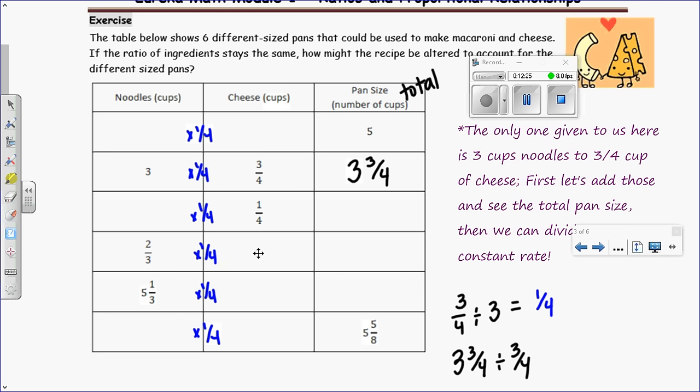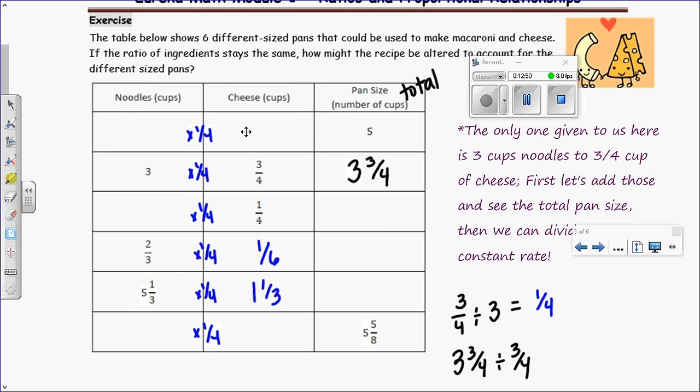Go ahead and do 2/3 times 1/4, 5 1/3 times 1/4, and fill in what you got here. Okay, that was a pause time, so hopefully you paused it and you kept going. So this should be 1/6, and then this one should be 1 1/3. So all we really did was take 1/4 of these, which means multiply by 1/4.